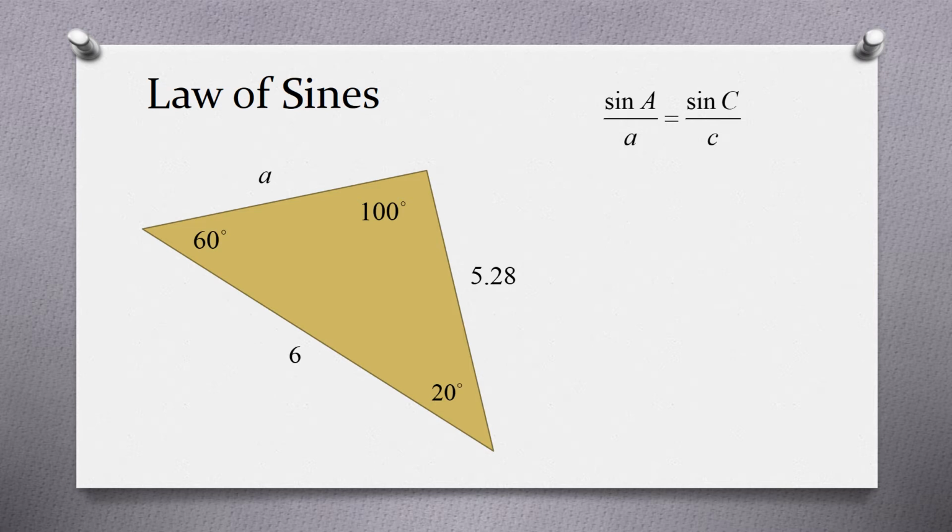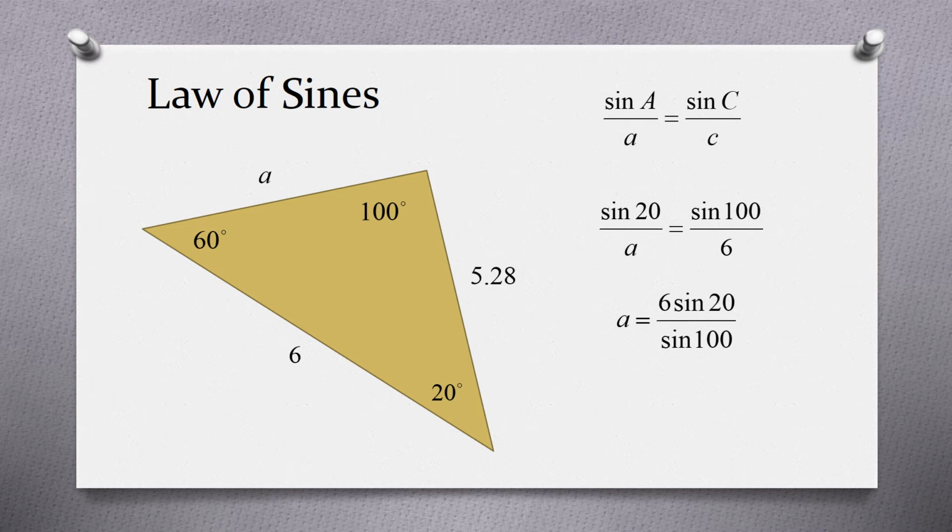I choose to go with A and C here. This is a creative process, so you get to choose whichever measures you want. I substitute those values, cross multiply again, and I now have side A is approximately 2.08 units in measure.